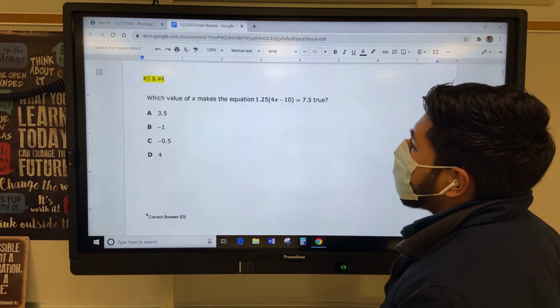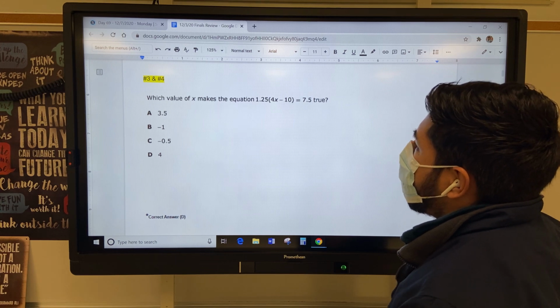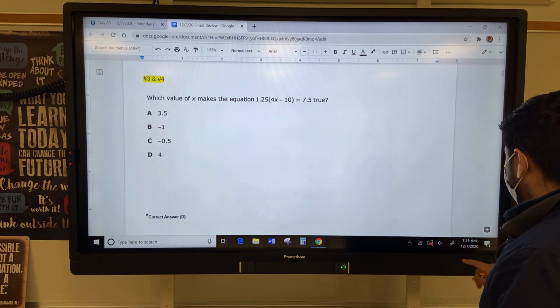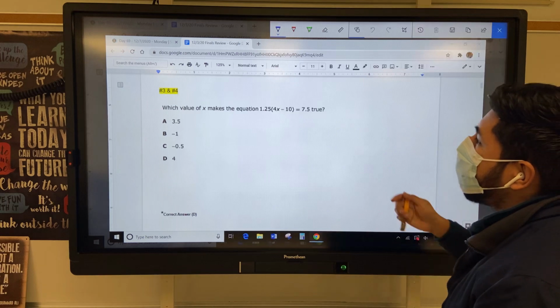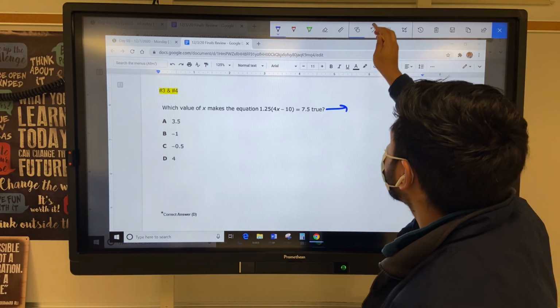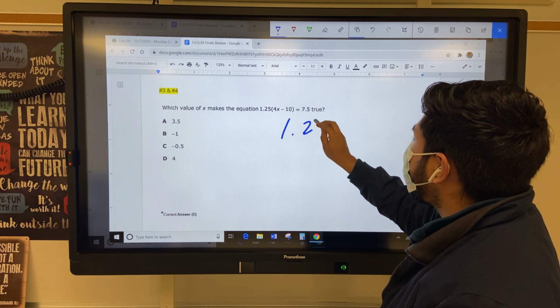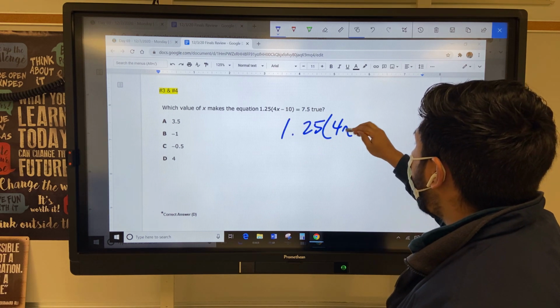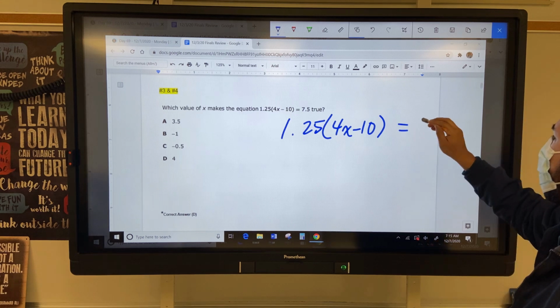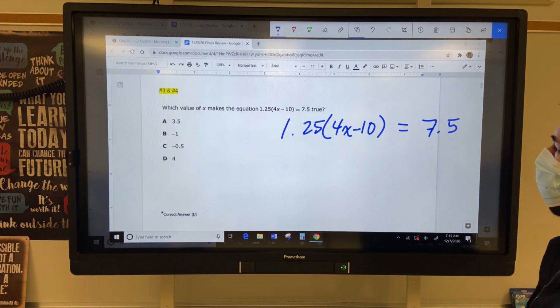Which value makes the equation true? So we're going to get this, and we're solving for x. 1.25 parentheses 4x minus 10 equals 7.5.